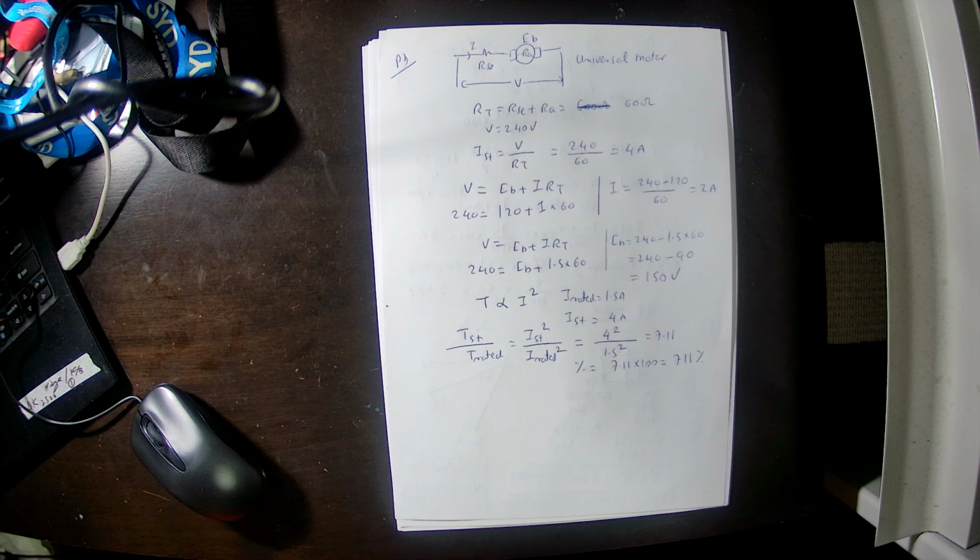The next one: a 240 volt series universal motor, constant torque, load at the rated load current 7 ampere at 4,000 RPM. Speed to be reduced to 2500 RPM. So this means the voltage is at 240 volt.